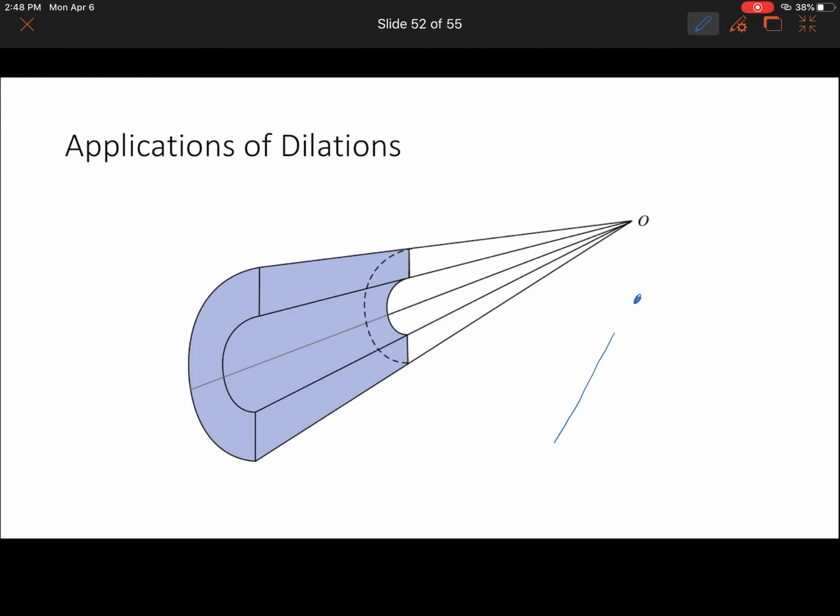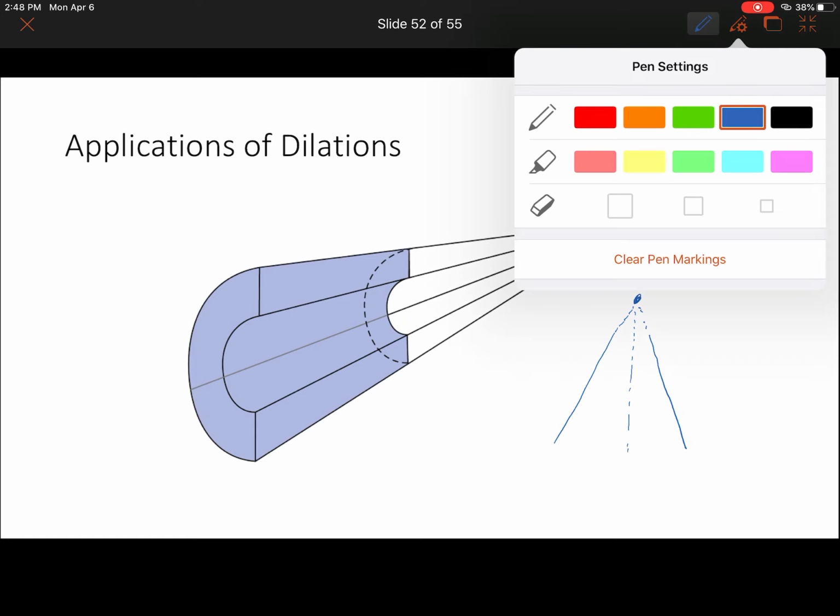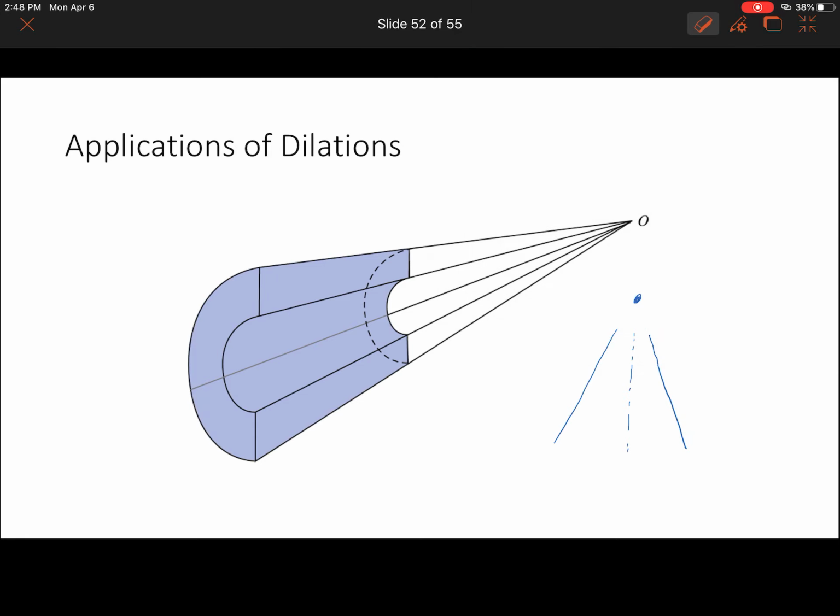So if you were to draw this, where if you were to extend these, they would go up to that point. And then you can do a dotted line here in the middle and then take out this part. Well, you can see that that picture of that road is going to go towards that point.